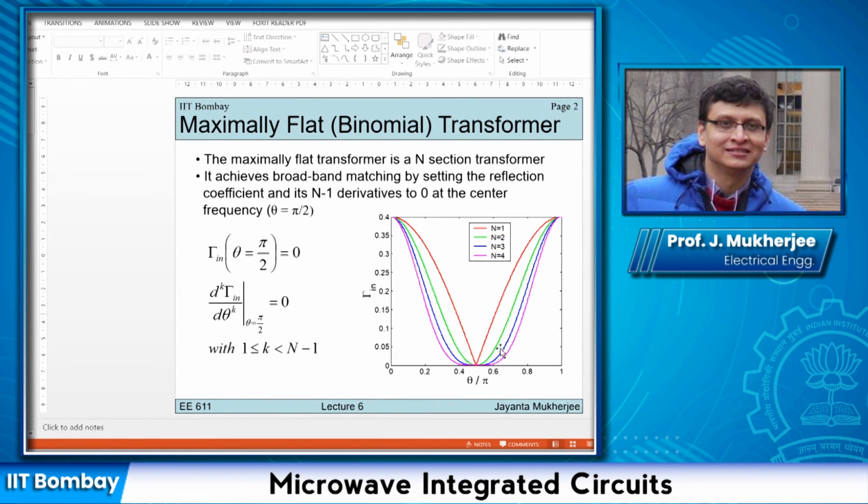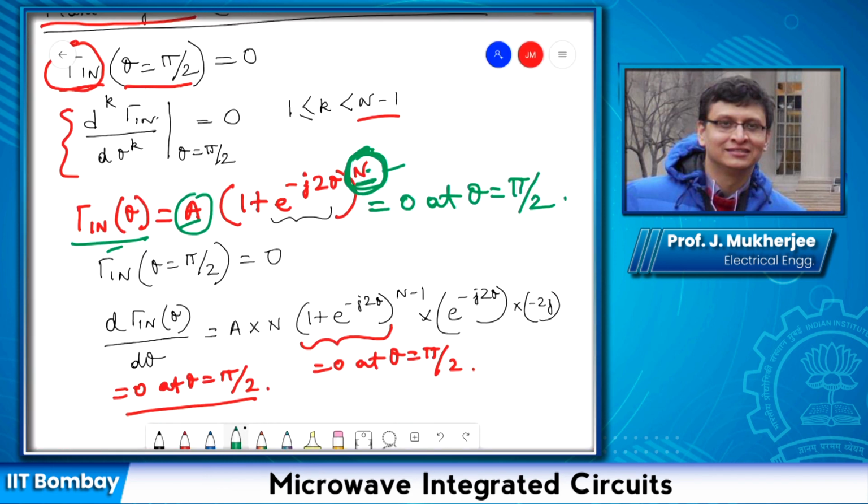So from this we can say that as the order of the transformer increases, our bandwidth will also increase. In other words, if we need a higher bandwidth, we have to have a higher order of the transformer. And as we shall see, a higher order of the transformer will correspond to more number of sections.